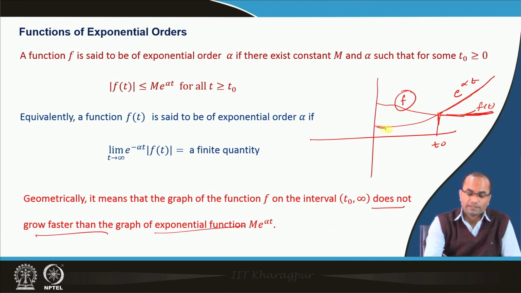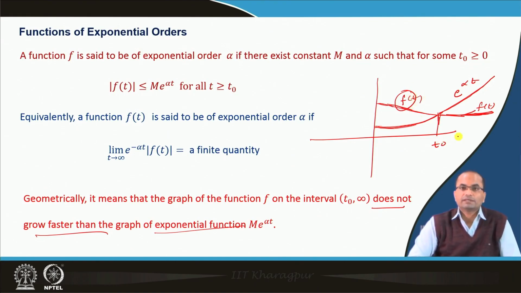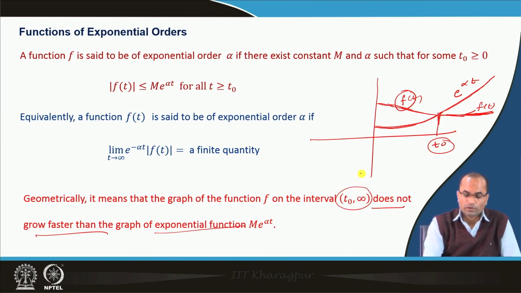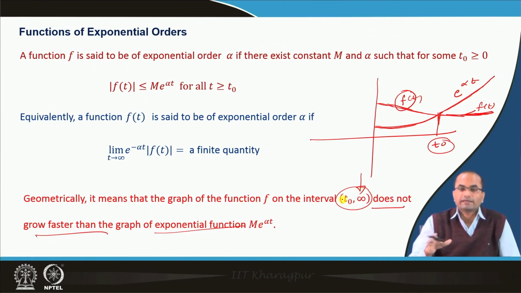In the range from 0 to t₀ it does not matter, the exponential function may be below the function f(t), but after some point t₀, which could be a very large number, as I said before, we are talking about its behavior at infinity.